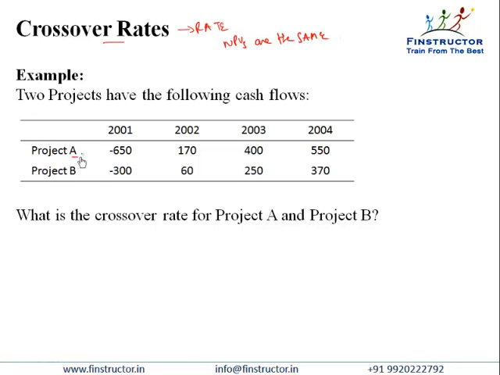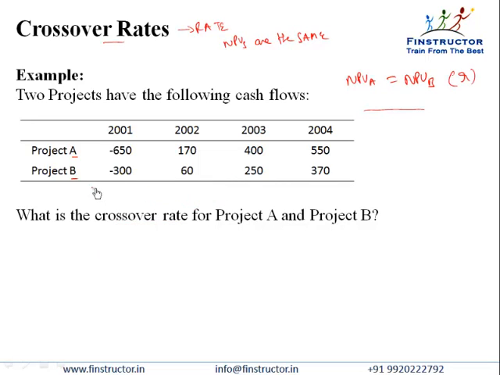So if I have a project A and a project B, then the crossover rate means that rate at which the NPV of project A will be the same as the NPV of project B. Now let's assume that that discount rate is equal to R, and let's try to solve this question.